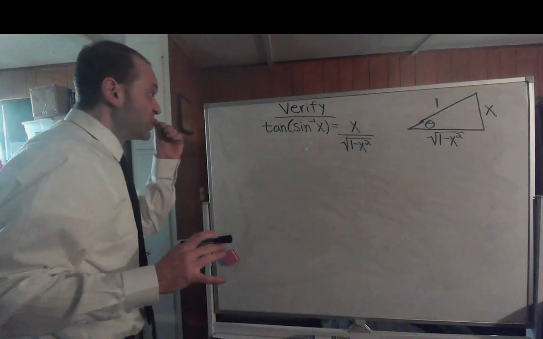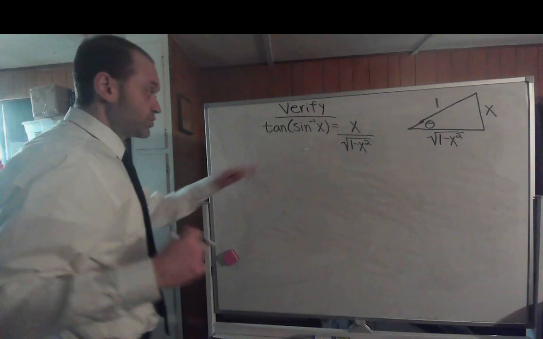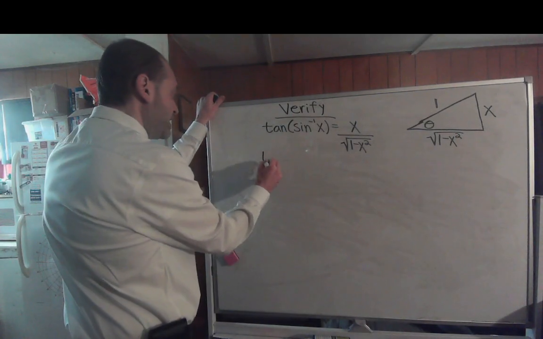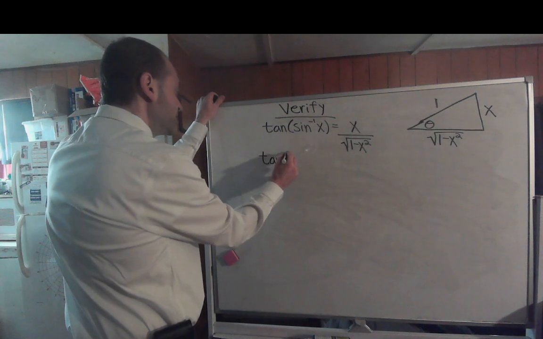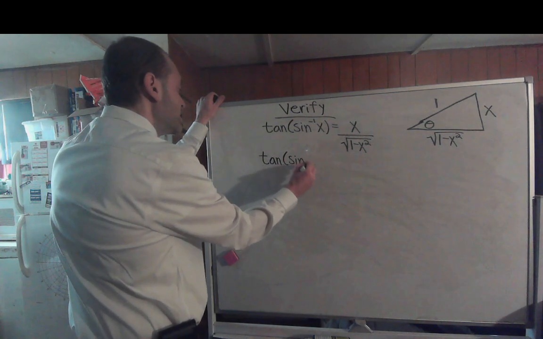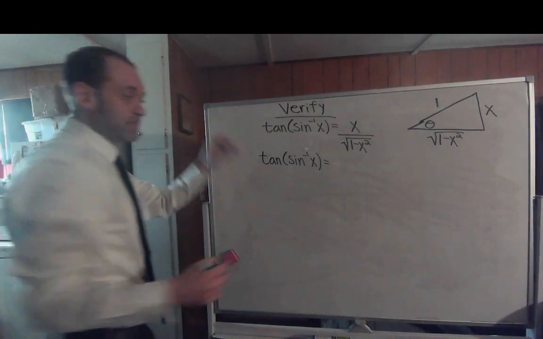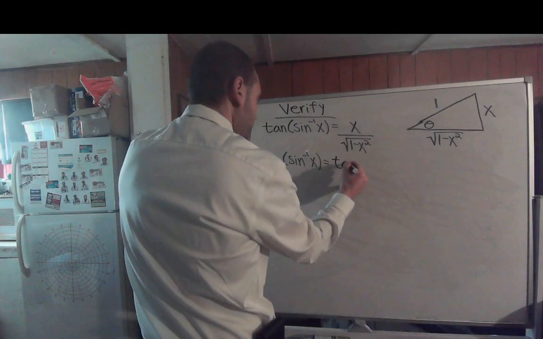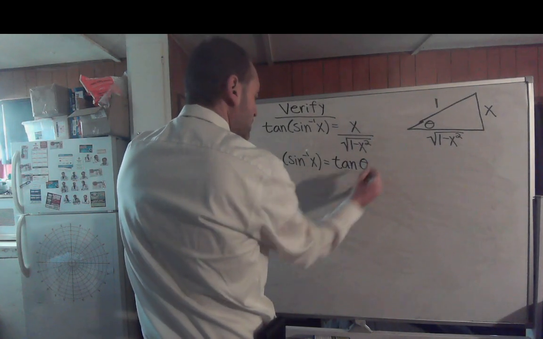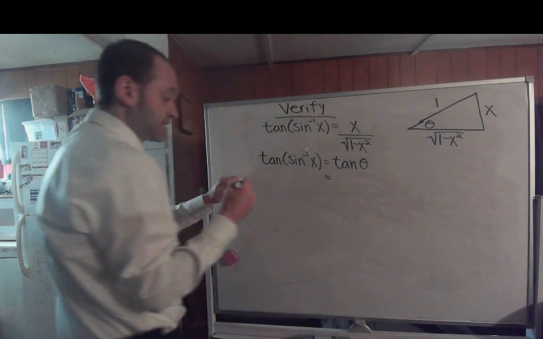Alright, so let's rewrite this side here. So we have the tangent of the sine inverse of x. Well, that's going to be the same thing as the tangent of theta. Well, now what is the tangent of theta?